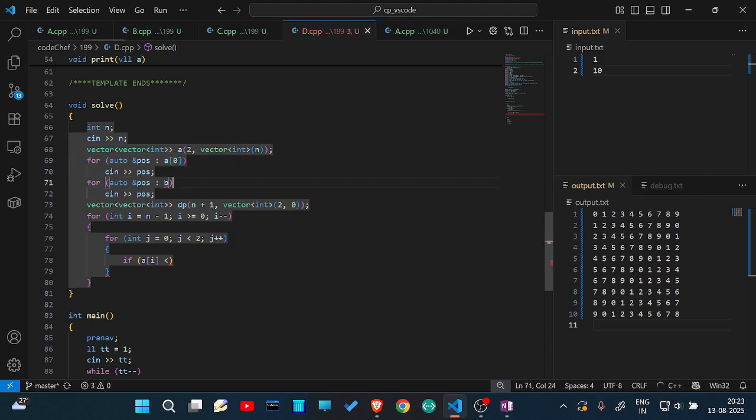What's a0, a1, right? And it's going to be a of I comma 0 if it's greater than a of I plus 1. Okay, so we can just push back infinite for both of them.